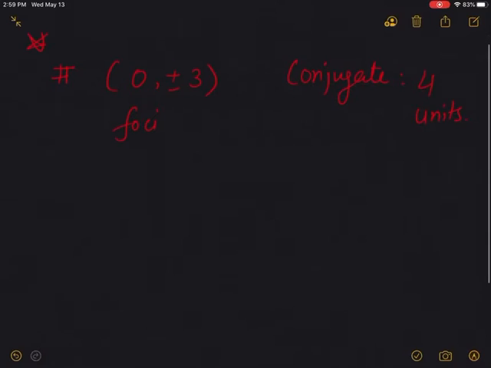So that's all we know. So we need to write the equation. First of all, we do not know which axis our hyperbola is on. In order to get an understanding of that, I'm just going to plot the foci points. Why? Because I know foci are always going to be on the major or the transversal axis. So let's plot these points. So (0, 3) here, and (0, -3).